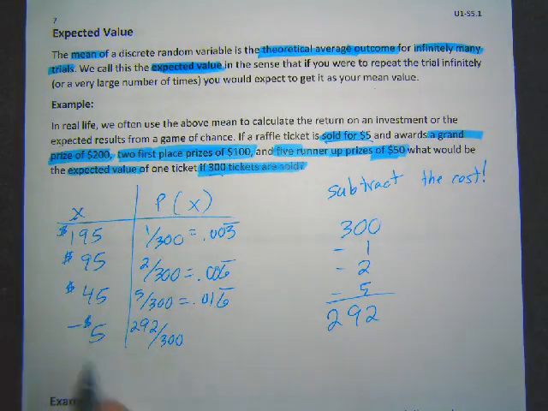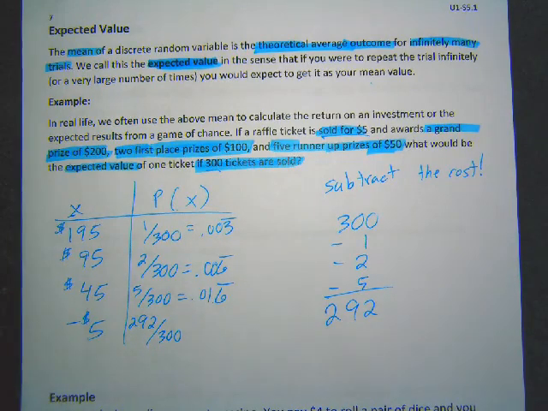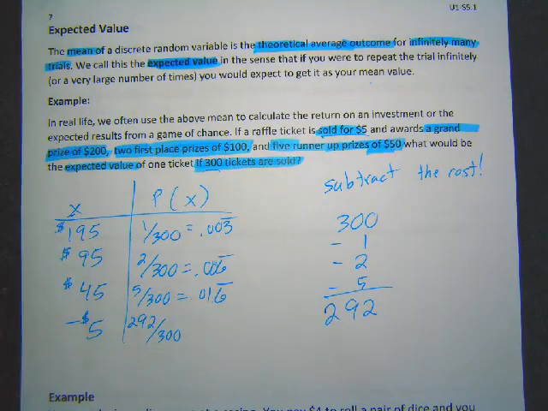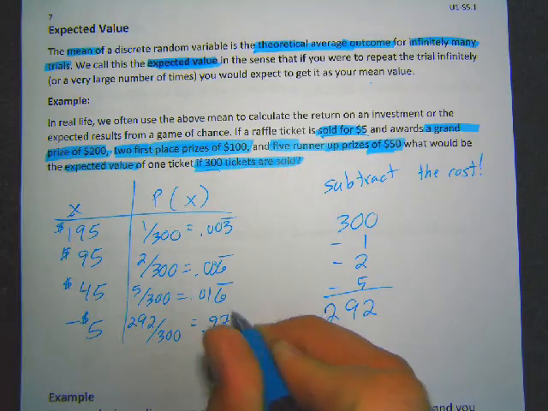You always want to make sure you include this option, because if you just include the winning options, you're not really finding expected value. When you buy tickets, it costs money. So if I do 292 divided by 300, I get 0.973 repeating.